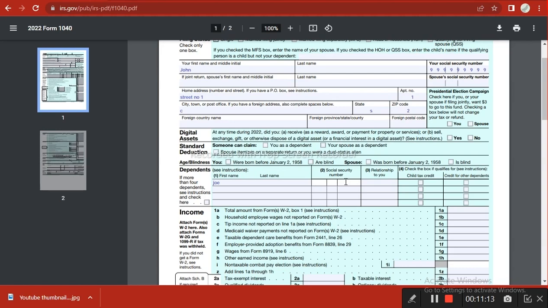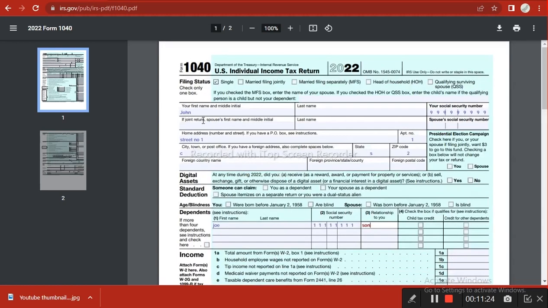So here we will write the social security number of that dependent. Here we will write the relationship to you: Joe is son of John. So here we will check child tax credit, which is about $2,000. To claim your dependent on your tax return, you will need to provide their social security number.